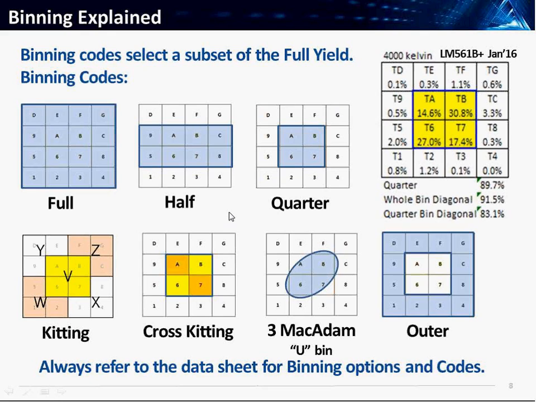For some kitting, we have a new kitting matrix here in the bottom right-hand corner, where we would combine W's with Z's, Y's with X's, and so make sure that you kind of end up in that center 5 atom area.